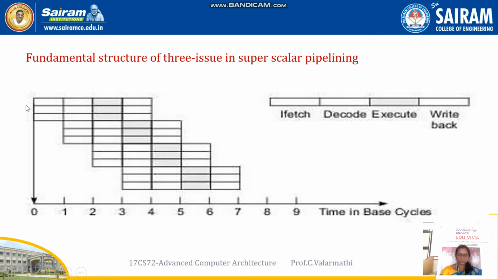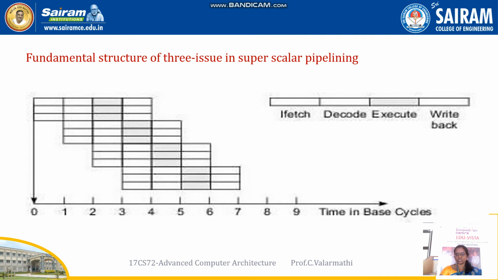But in superscalar operation, how many instructions are successfully completed? Just count: 1, 2, 3, 4, 5, 6, 7, 8, 9, 10, 11, 12. So 12 instructions are executed successfully within 7 clock cycles in a superscalar processor. This is the architectural advantage of a superscalar processor.